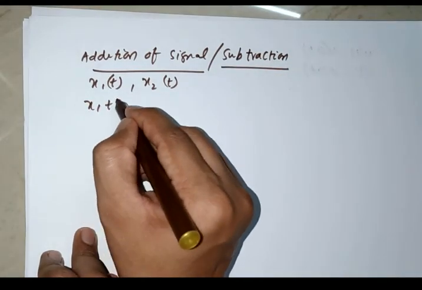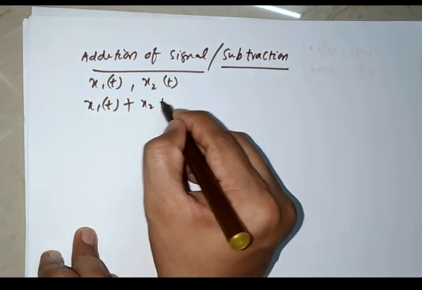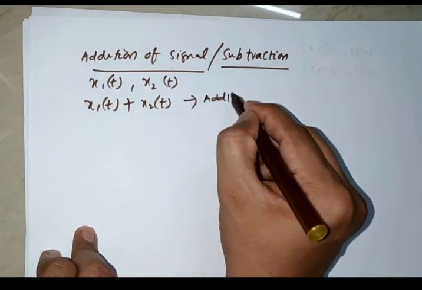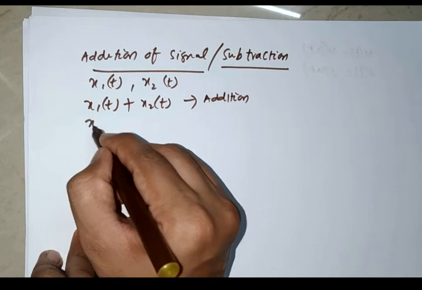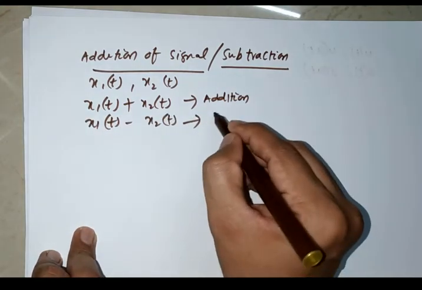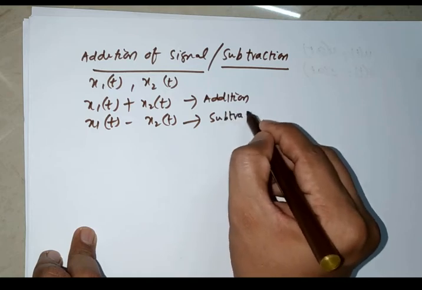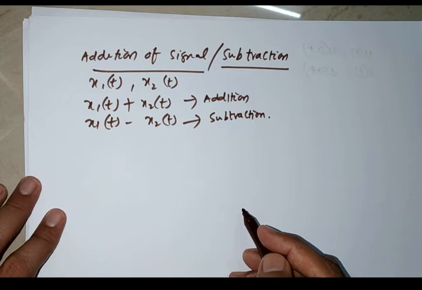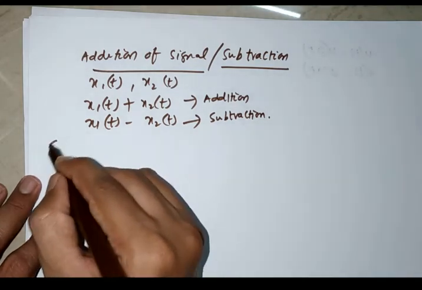Addition means x1(t) plus x2(t) is known as addition of signals, and x1(t) minus x2(t) is known as subtraction of a signal. Take one example.